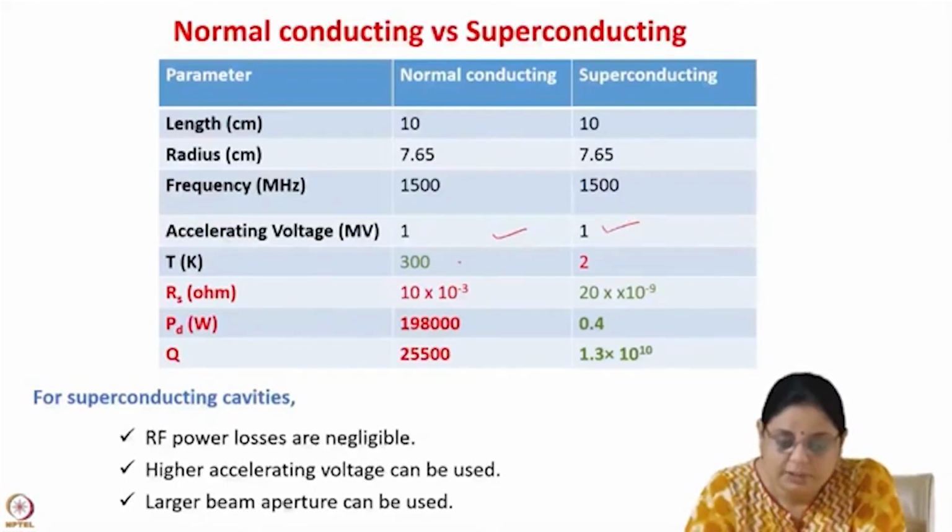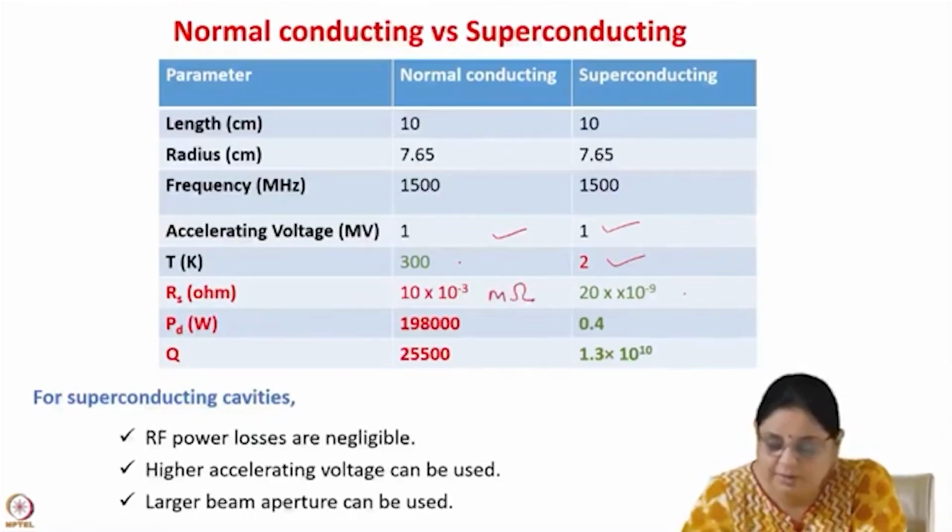The normal conducting cavity operates at normal temperature, which is 300 Kelvin, whereas the superconducting cavity is operated at a low temperature of 2 Kelvin. The RF surface resistance in the normal conducting cavity is of the order of milliohm, whereas here we see that it is of the order of nanoohm.